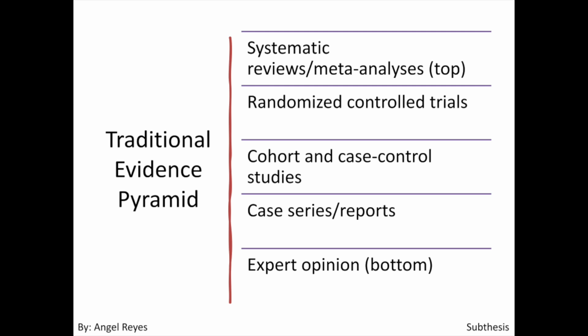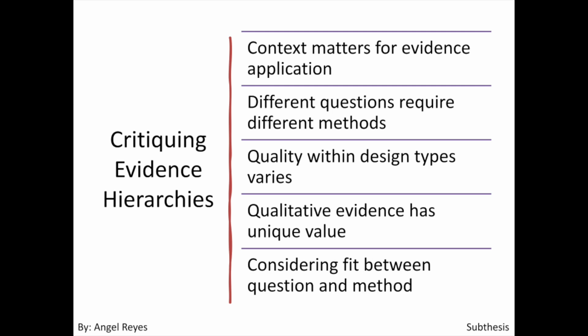This hierarchy reflects a value system that prioritizes controlled experimentation and large sample sizes as markers of reliability. Not shown, but often included in expanded hierarchies, are qualitative studies, which traditionally have been ranked lower despite their different but valuable contributions. While evidence hierarchies are useful tools, they have important limitations.